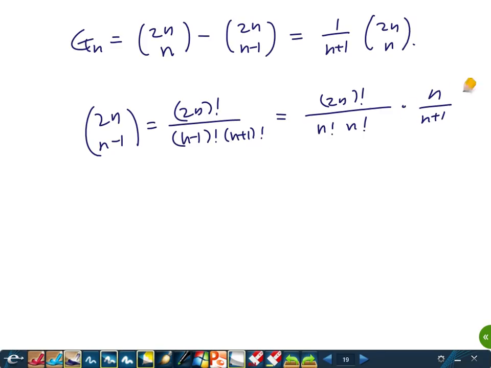Substituting, you get this number. That's the proof. So the Catalan number is the number of paths from the origin to n comma n that stay on or above the line y equals x. Using this kind of argument, reflecting a path, we can find the number of bad paths, and that's it.